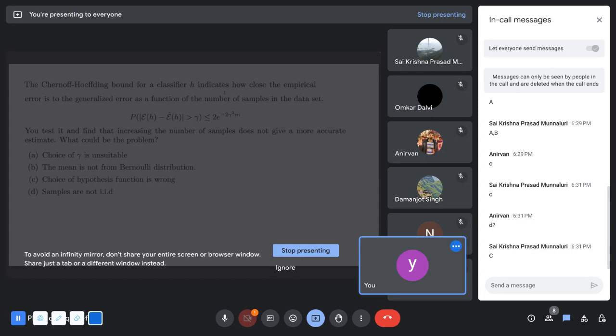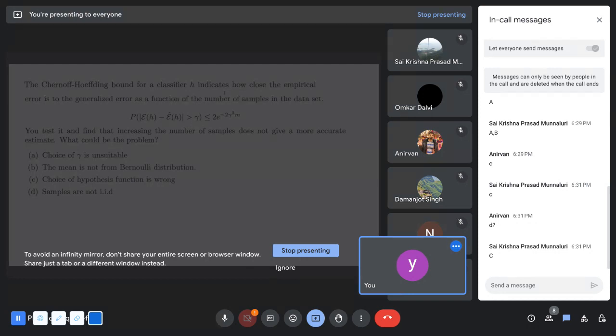But if that doesn't happen, that means your choice of hypothesis itself is incorrect. This is an underfitting problem. If you needed a neural network and you used linear regression, no matter how many data samples you give to that linear model, it will not learn, because your class is not powerful enough to learn the data.